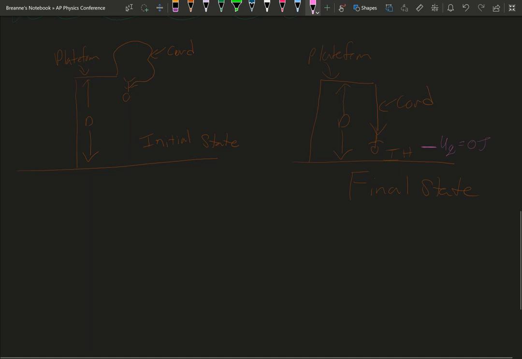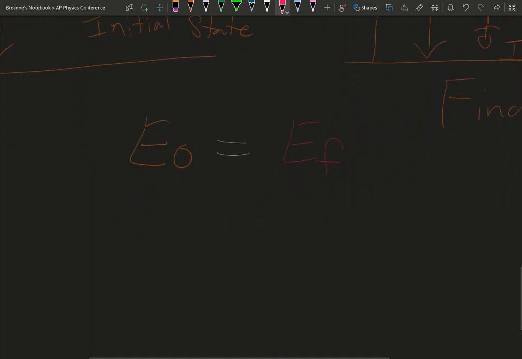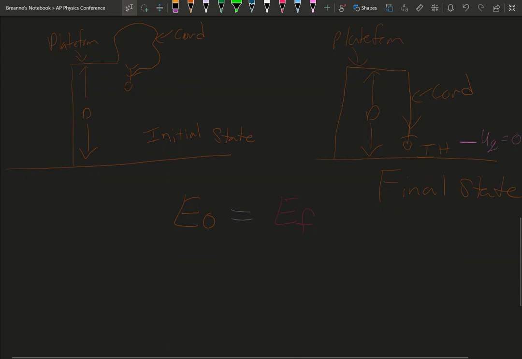So the person's moving, right? So at the beginning, the person's moving. So we have to think about, here we'll make energy at the beginning equal energy at the end. So we need to think what type of energy is happening here.